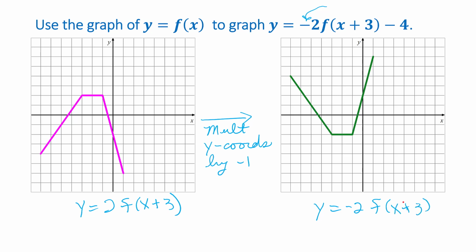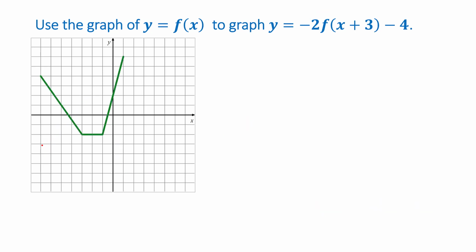For an example of what we did, let's just look at this point (1, -6). Multiplying that value of -6 by -1 would give us the new point on our graph, (1, 6). And if you were doing this on your own, you'd want to work with each of these corner points here. Okay, and so we have y equals -2f(x) + 3.